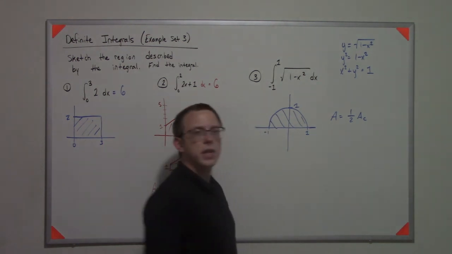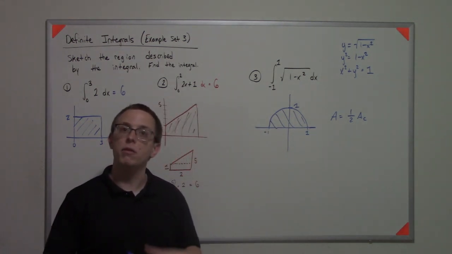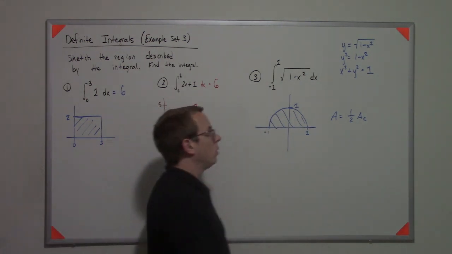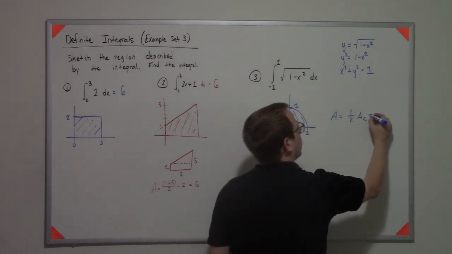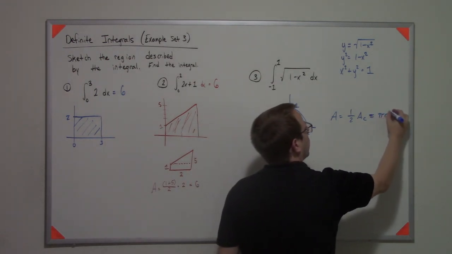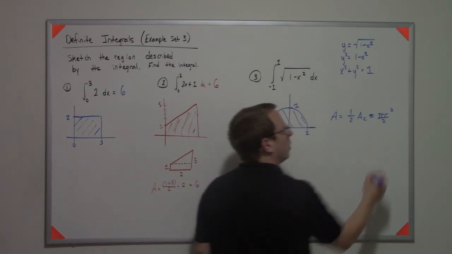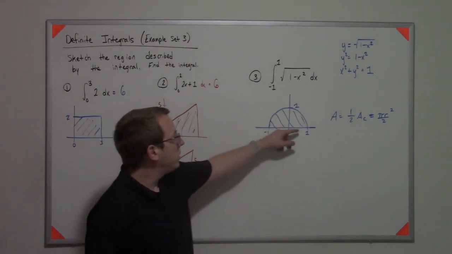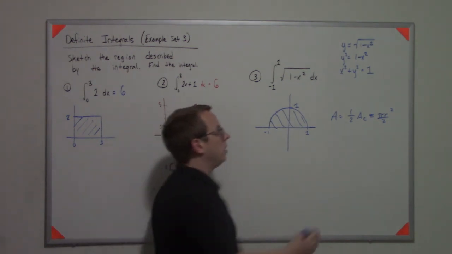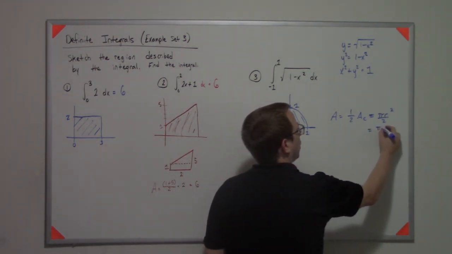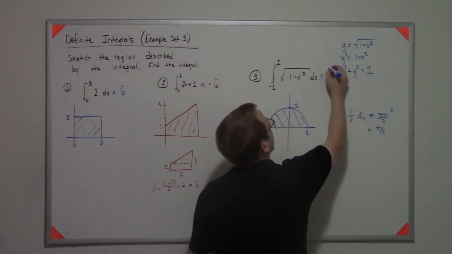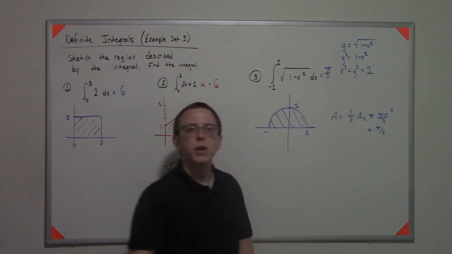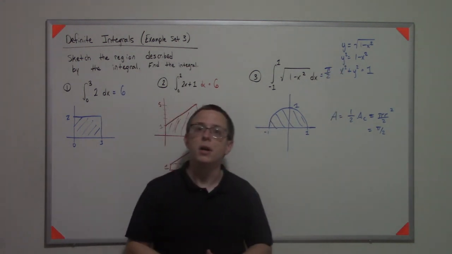So the area in this case is 1/2 times the area of the regular circle, which is pi r squared over 2. Now, in this case, it looks like the radius is 1. So the area in that particular case is pi over 2.